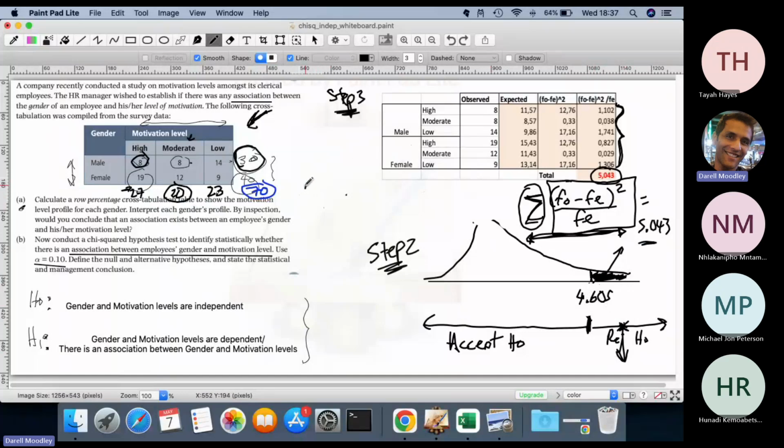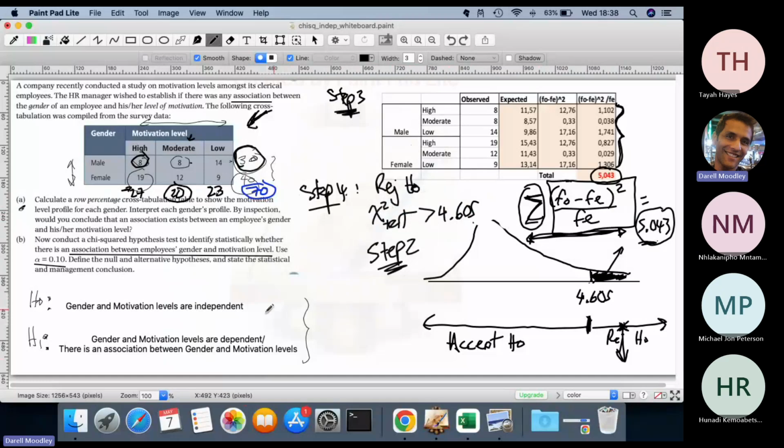So in other words, for step 4, what we're saying is reject H0 because your chi-square test statistic is greater than the critical value, which is 4.605. All right. So that's your step 4.